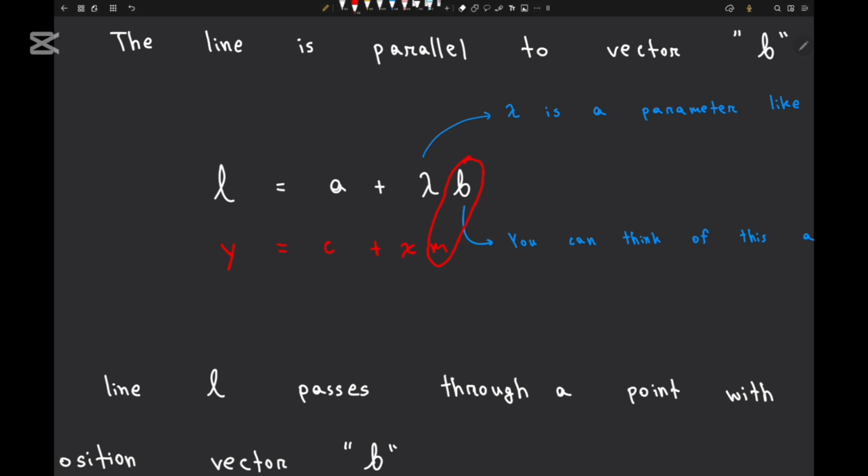You can just think of it like this, that the vector b is known as the gradient of the line. In further maths, we will see the application of this concept, that why do we consider b to be the gradient of the line. But for now, just think of it as the gradient of the line.